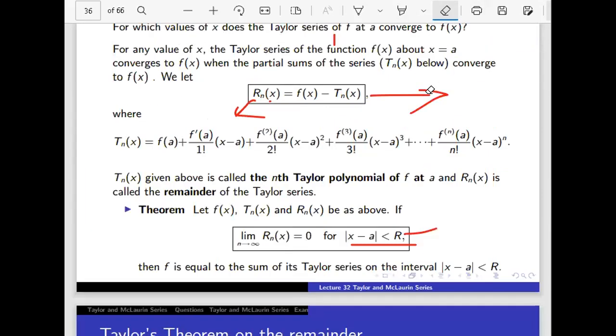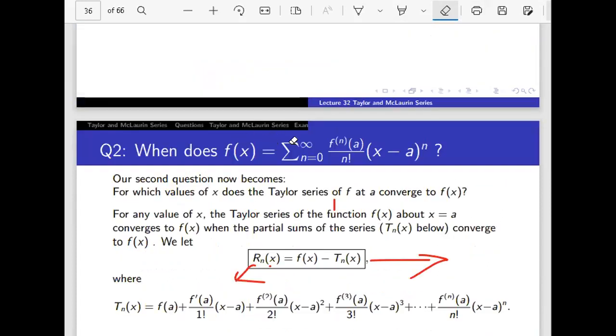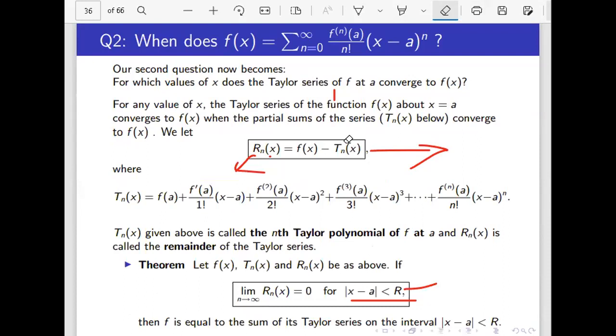I think you already learned Taylor expansion, and you know the partial sum. So here, this is called a Taylor polynomial. I think you follow the pure math. This is the partial sum of this power series.